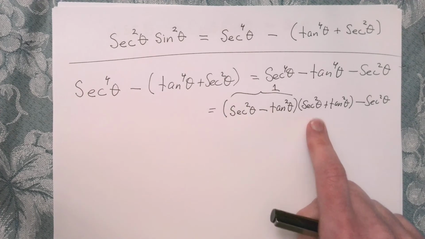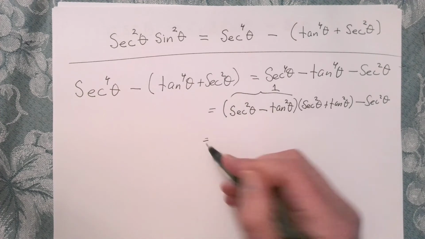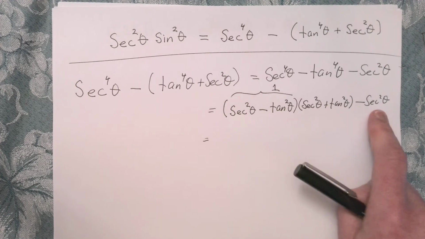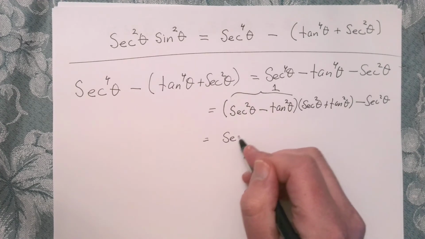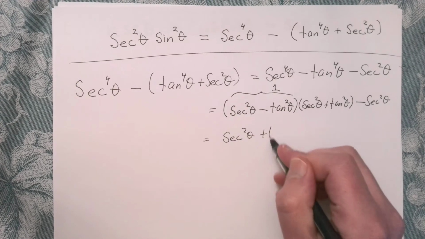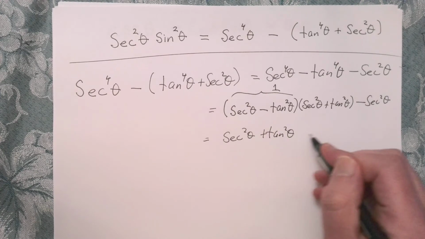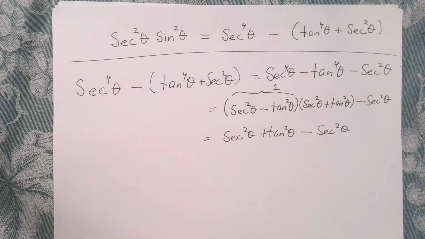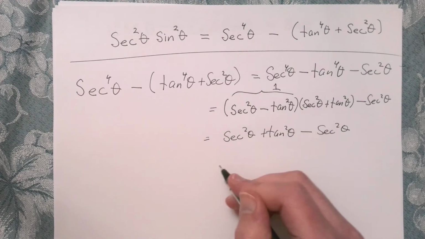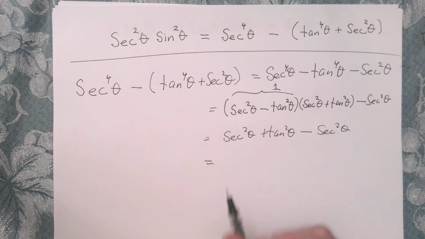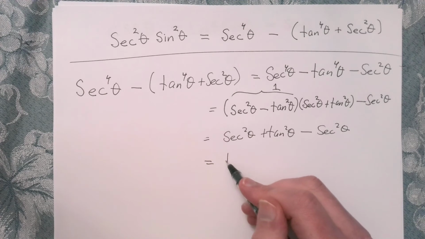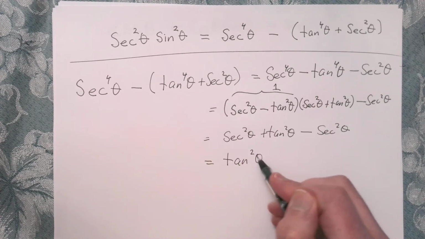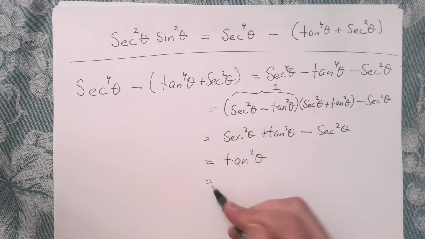So that seems pretty good. So if that's 1, it looks like I'm left with this minus secant squared. So I've got secant squared of theta plus tangent squared of theta minus secant squared of theta. So these will cancel. I'm left with a tangent squared, and I have a feeling we have to creatively rewrite this. So what is tangent squared?